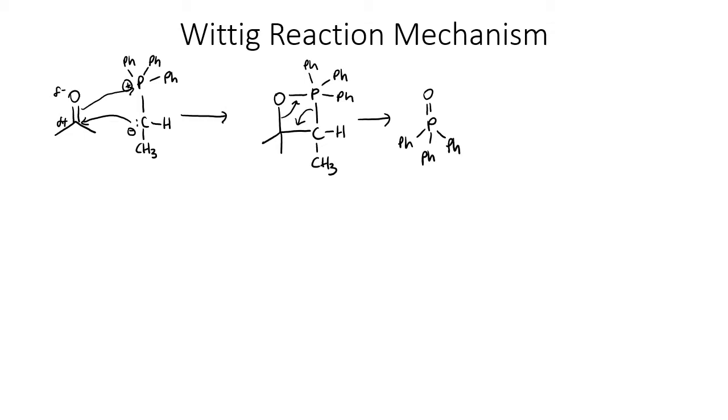So we form this molecule as a byproduct. I'm going to go ahead and put it in parentheses. But most importantly, we have formed an alkene. And in this case, we have a tri-substituted alkene.